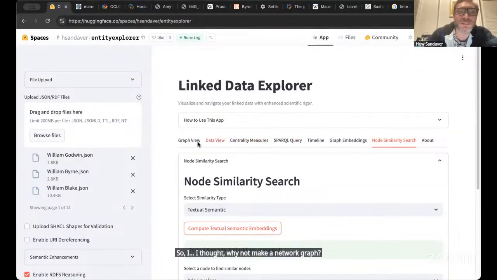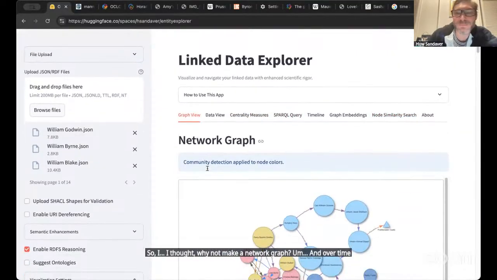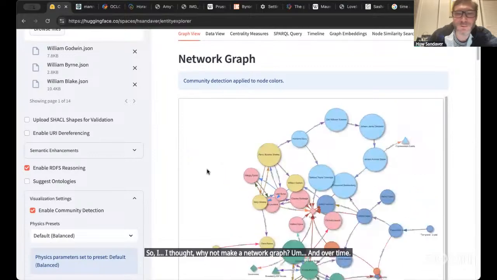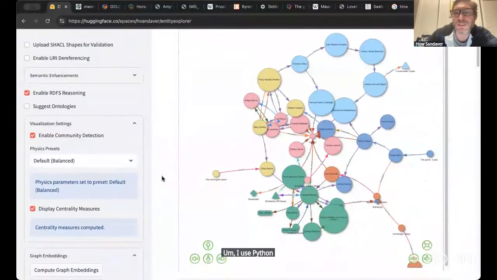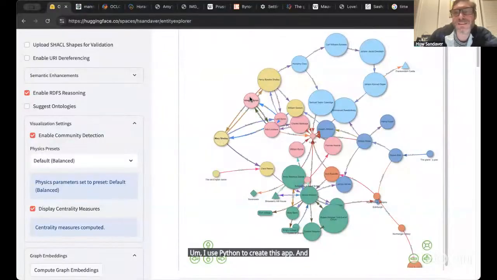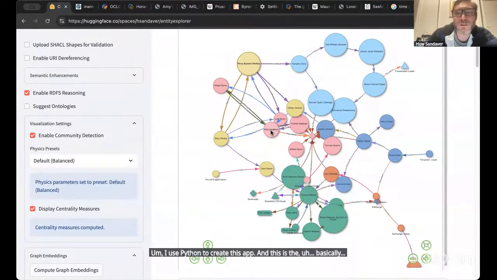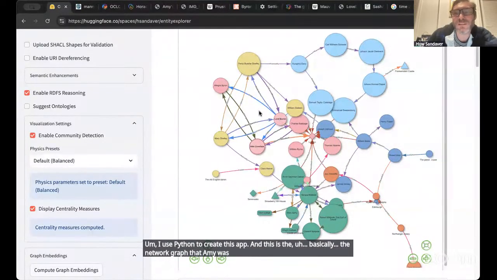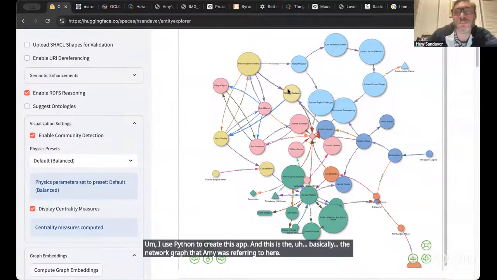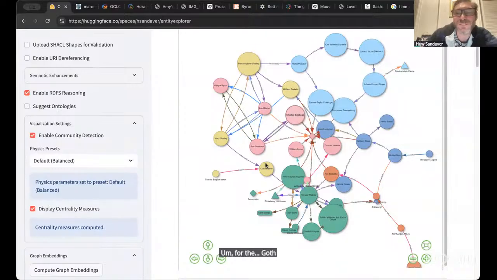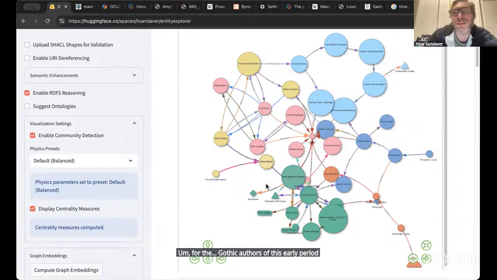And over time, I used Python to create this app. And this is basically the network graph that Amy was referring to here, of all the Gothic authors of this early period mapped together.